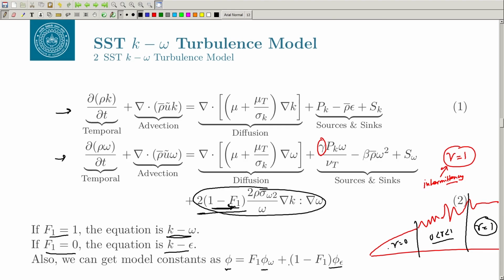C epsilon is the coefficient in k epsilon, and alpha is the coefficient in k omega. So you can use this kind of blending in all the parameters that you want for the omega and for the epsilon. Whenever f1 equal to 1, this is the behavior of omega, and f1 equal to 0, it is the behavior of epsilon, and this f1 depends on the distance from the wall.